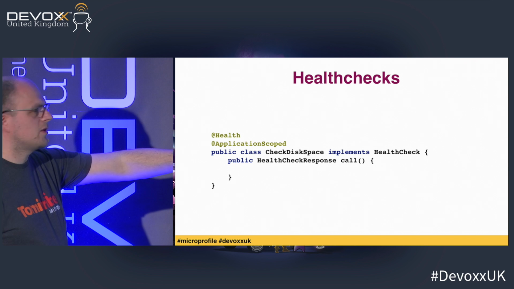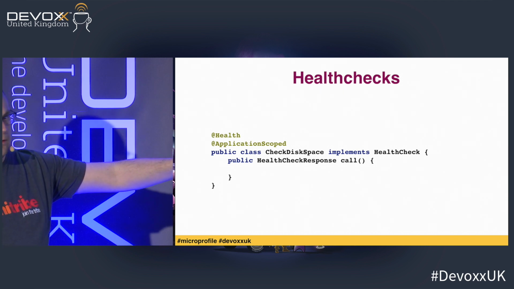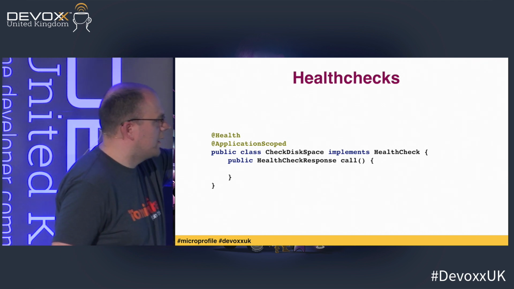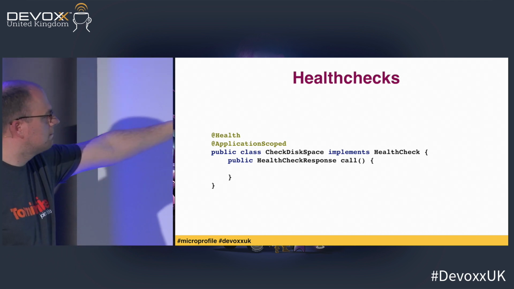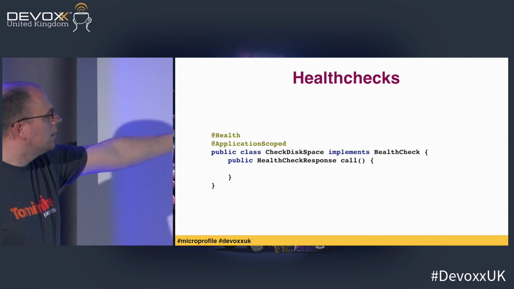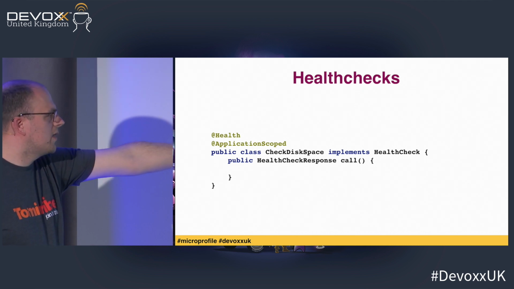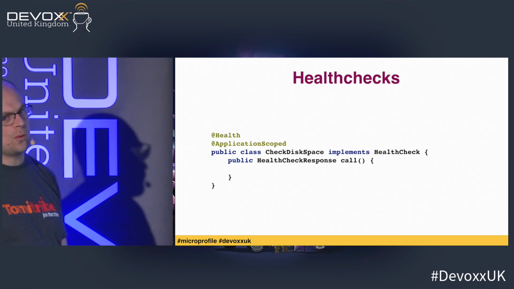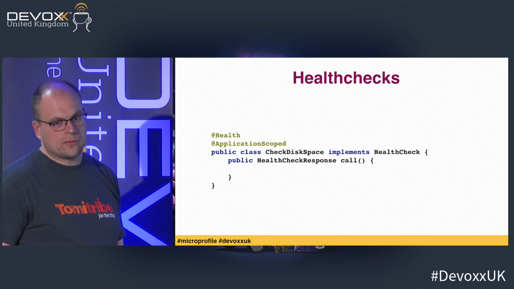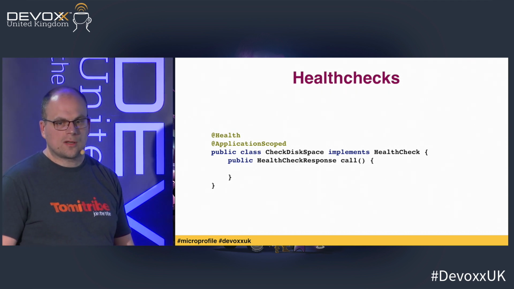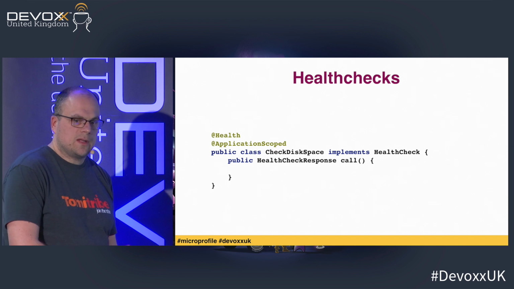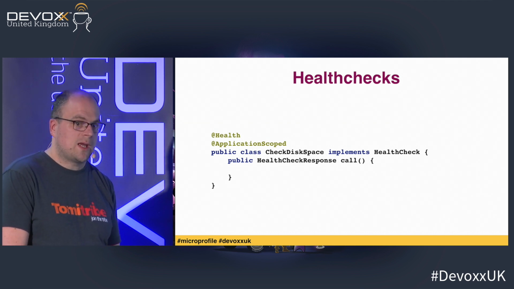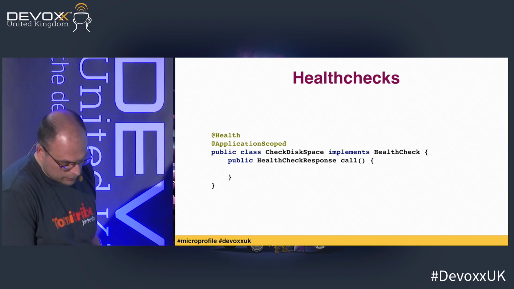If we imagine that we're doing a disk space check on the server, in essence, we create an application scoped CDI bean, annotate it with Health, and it needs to implement the HealthCheck interface, which has a single method called call. Then we construct and send back the HealthCheckResponse object, which has the name of the specific health check along with its state, whether it's up or down, and any metadata there as well.